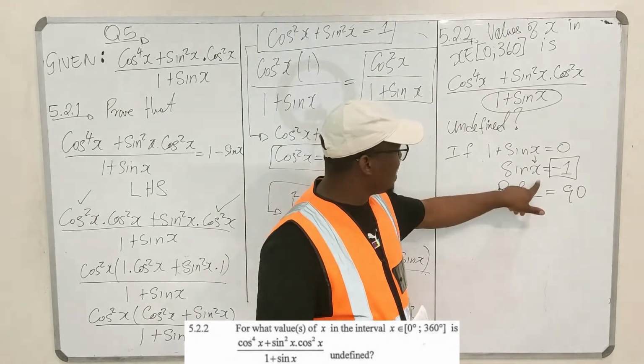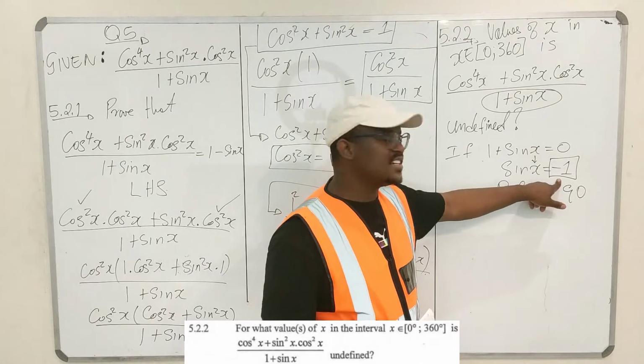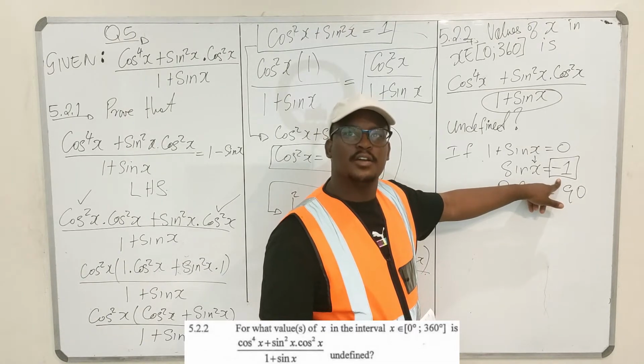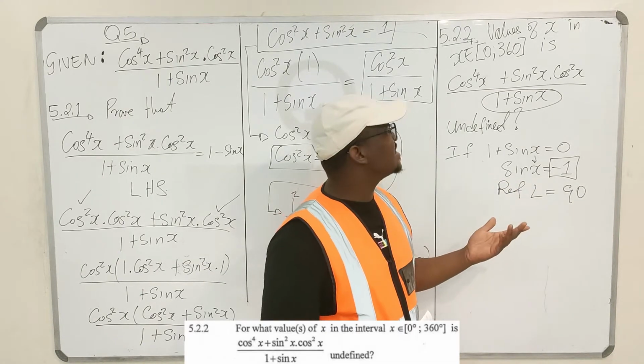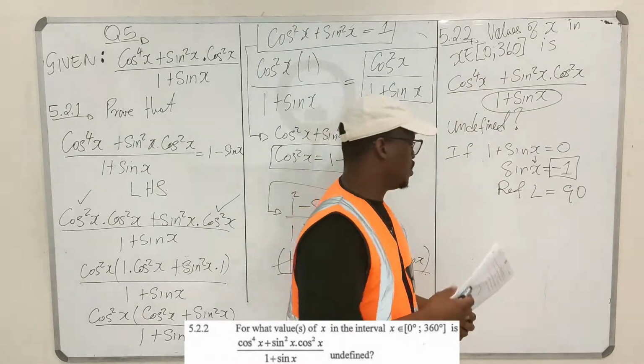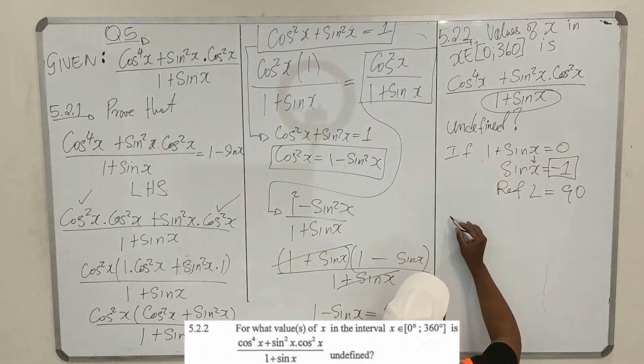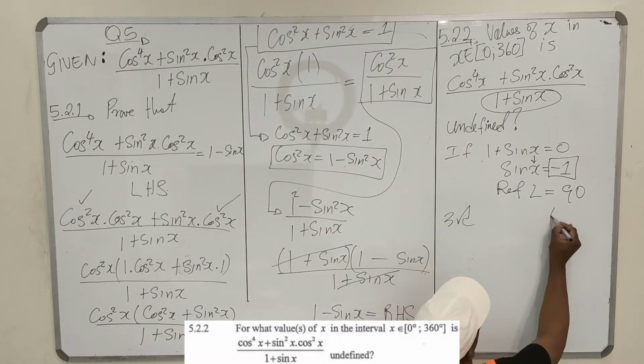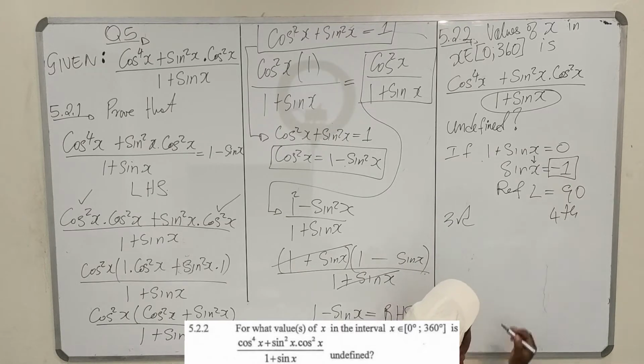In this case, sine x is negative. So in which quadrant is sine x negative between 0 and 360? It's the third quadrant and the fourth quadrant. That's where sine is negative.